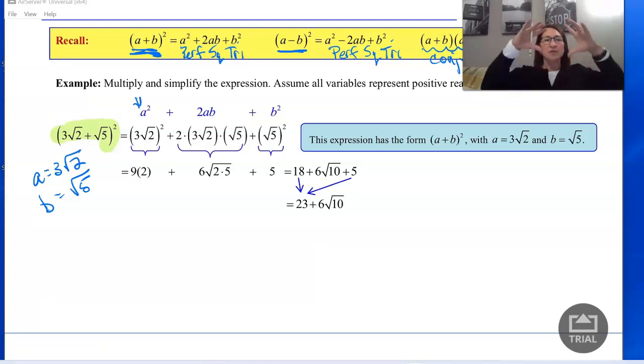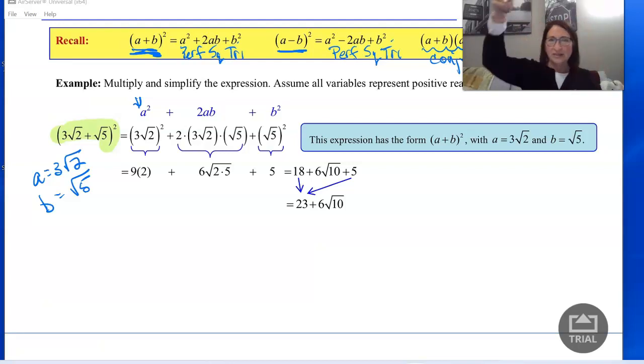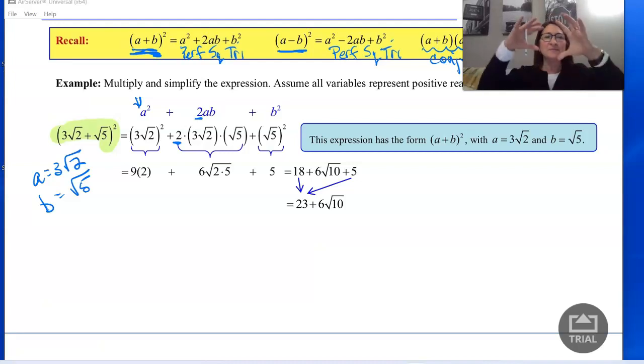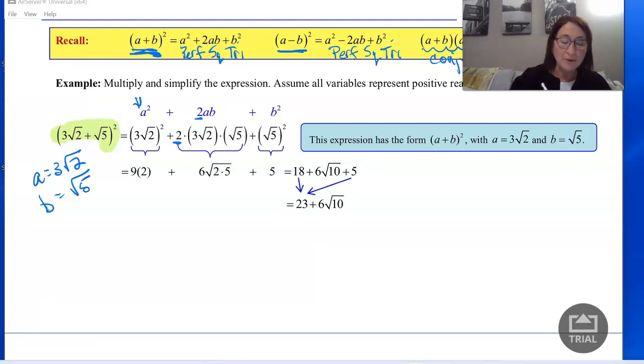So I'm going to take 3 root 2, raised to the power of 2, plus 2, there's our 2, times that first factor, which is going to be 3 root 2, times my second factor, my b, which would be root 5, plus root 5 squared. Okay, so now when I go through and simplify, I need to make sure that my 3 is raised to the second power. That gets me the 9. And the root 2 raised to the second power is just going to be 2. So 9 times 2.